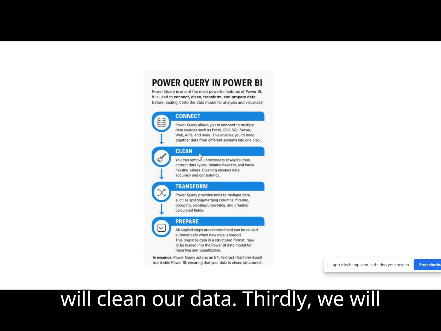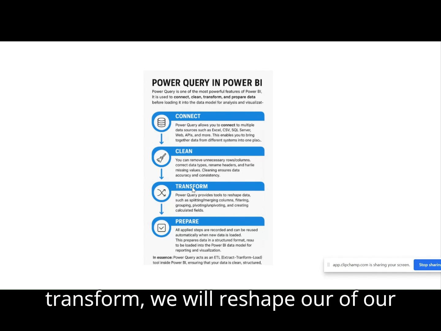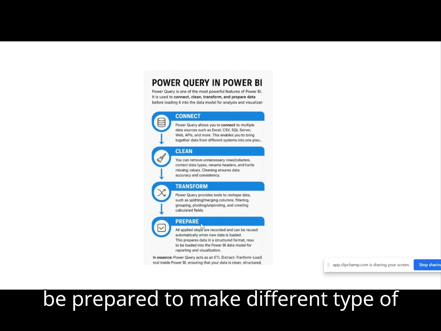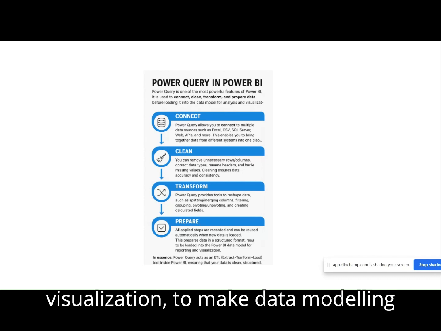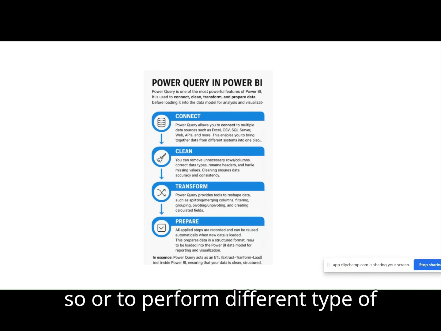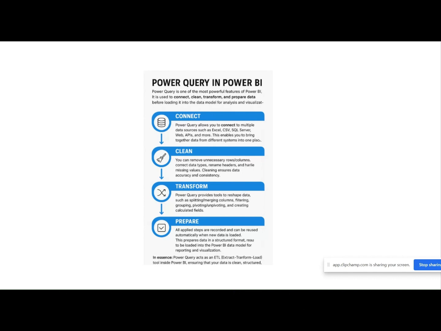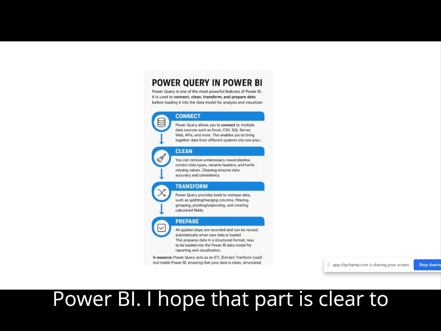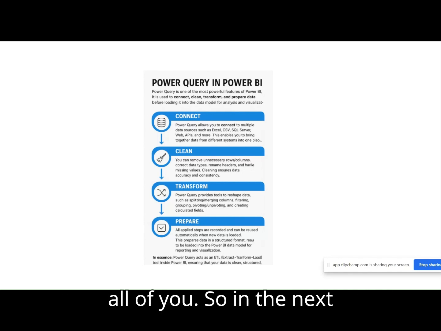Secondly, we clean our data. Thirdly, we transform or reshape our data. Finally, our data is prepared to make different types of visualization, data modeling, or analysis. That is the theory part of Power BI. I hope that part is clear to all of you.